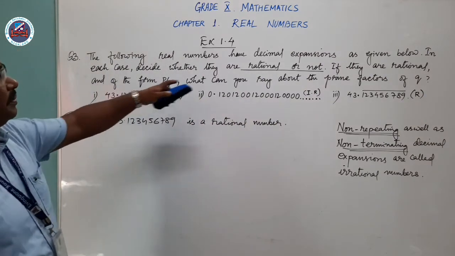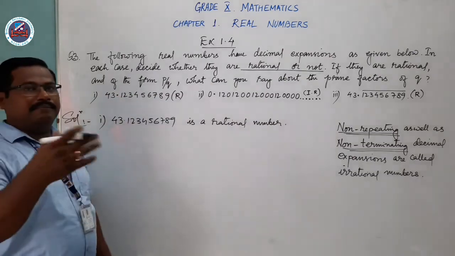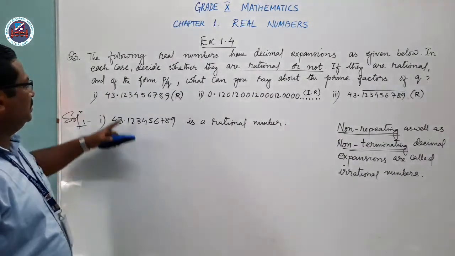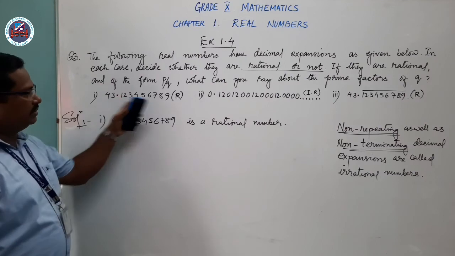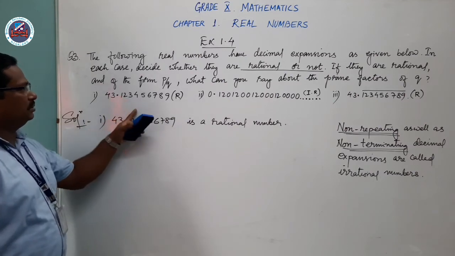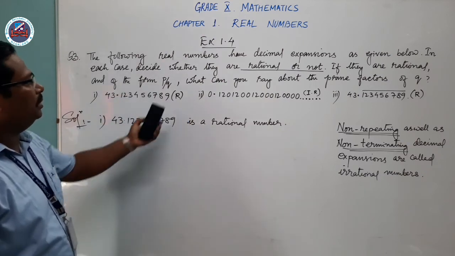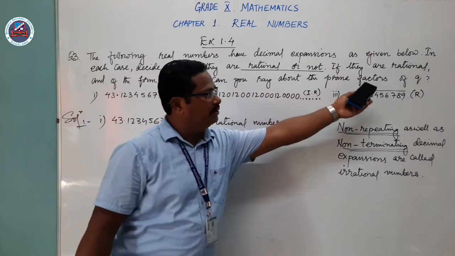After that, if they are rational, this one can be written in the form p by q. We all know if you remove the decimal, the downside will be divided by 1. Then how many zeros do you have to put? 9 zeros: 1 0 0 0 0 0 0 0 0 0. Then it will become p by q. What can you say about the prime factors of q?